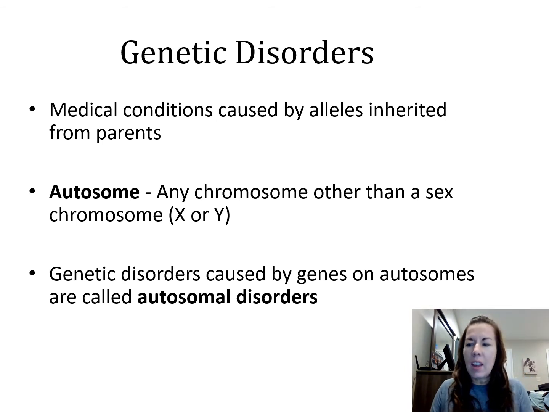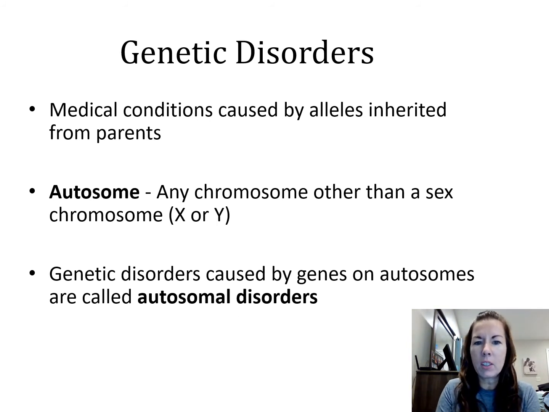Sometimes a genetic disorder can occur. That's basically a medical condition caused by alleles inherited from parents. It can happen on an autosome, or it can happen on a sex chromosome.